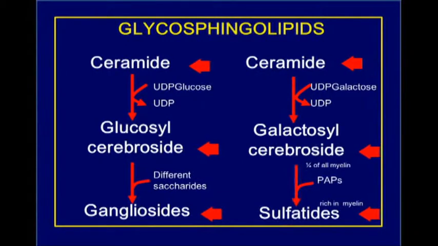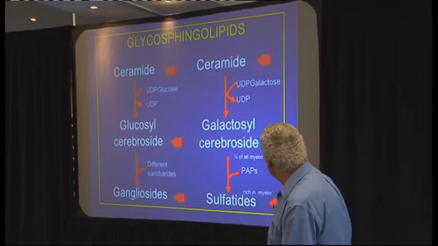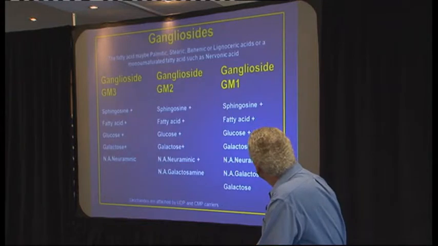These ceramides will then go on to make gangliosides when they attach to different sugar molecules. When these ceramides have galactose added instead of glucose, they go on to make sulfatides, which are rich in myelin. So these are the formation of the fatty acids that give myelin, the sheath around the neurons.